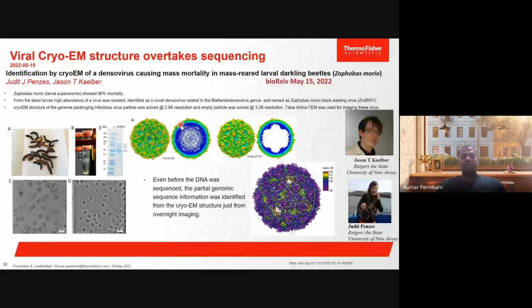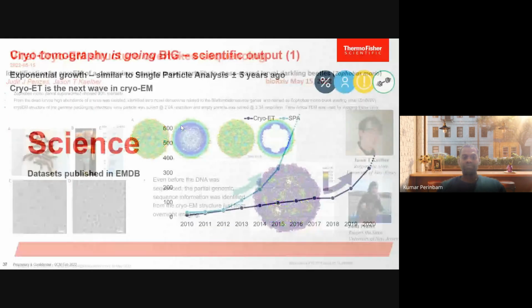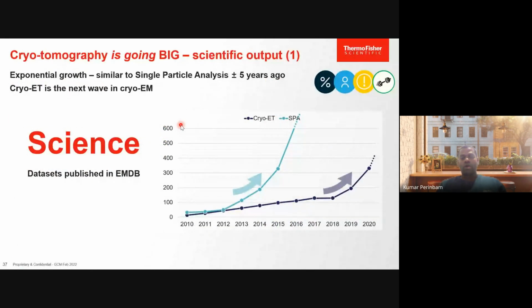So Cryo-EM has become more user friendly than ever before. There has been constant publication and development happening from single particle analysis. As you know, many Chinese and Asian institutes are heavily investing in Cryo-EM, so people are quite interested in shifting to cryo-electron tomography, and currently it is picking up its pace, which I'll explain in the upcoming slides.